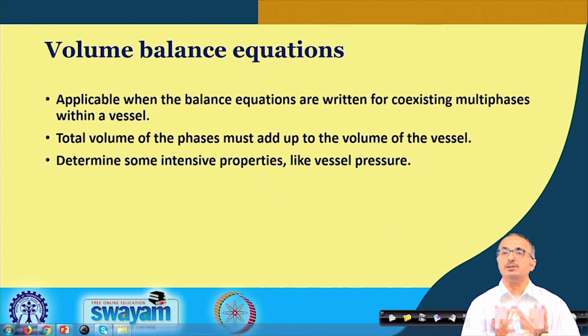The total volume will remain the vessel volume. Another thing that happens is that because the liquid is evaporating, the pressure is also rising in the vessel. How the pressure rises will depend on the rate at which the liquid is evaporating and the volume is changing, but there will be a change in the pressure. That is why we need this kind of volume balance equation to find the pressure exerted within the vessel.